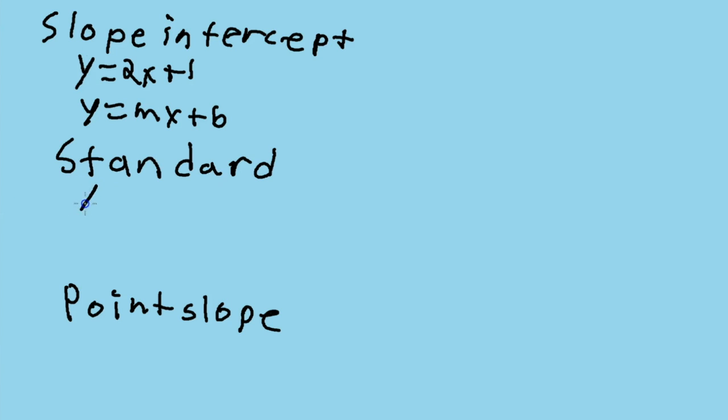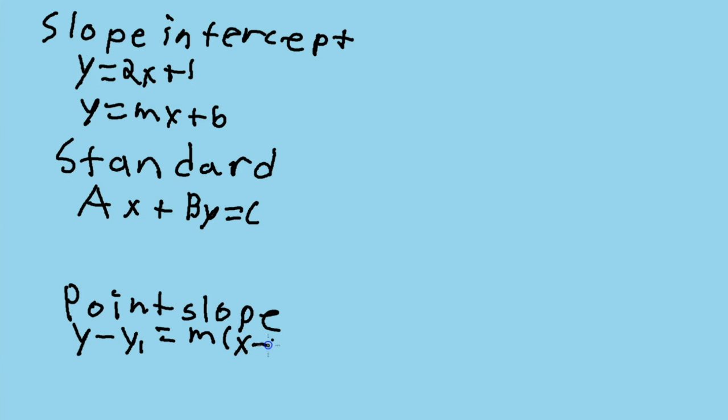Standard form can be generalized as ax plus by equals c. Point slope can be generalized as y minus y1 equals m times x minus x1.